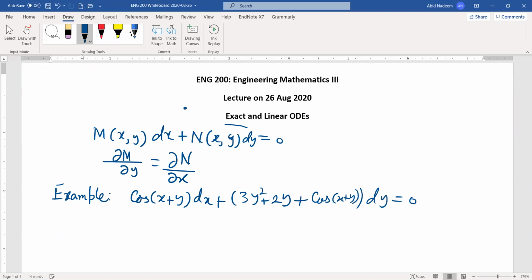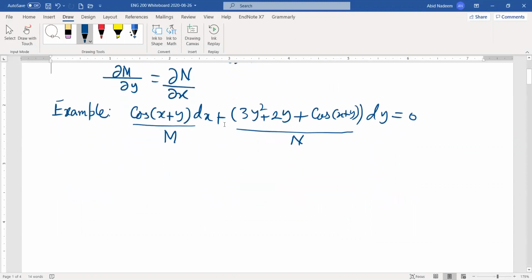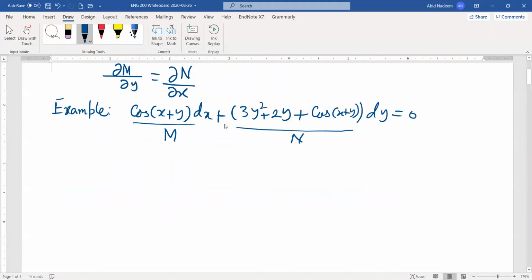This is the equation in this format. If we compare it with the format, this is the function M, and this is the function N. We have to determine whether this is an exact equation or not.